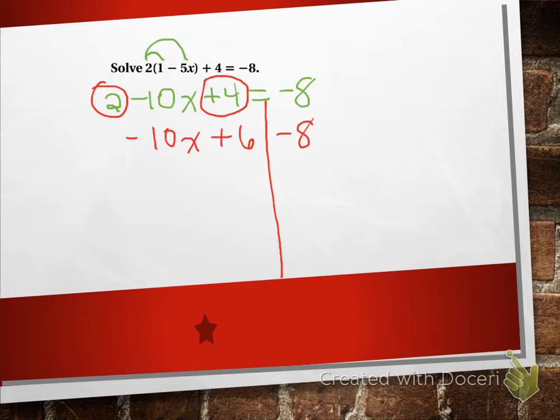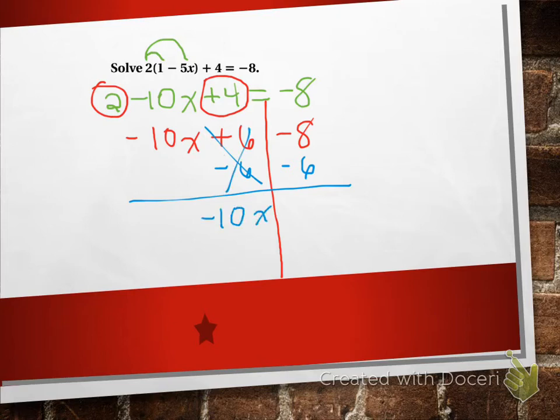So now we're down to the point where it's a two-step equation, and we undo what is added or subtracted, and you're always trying to do it away from the variable. So we have added 6, so to undo that, we're going to subtract 6. Whatever you do to one side, do to the other, those cancel out, and I get negative 10x here.